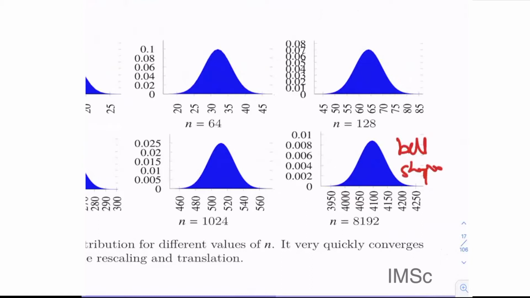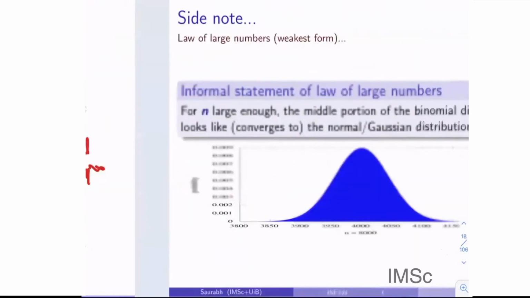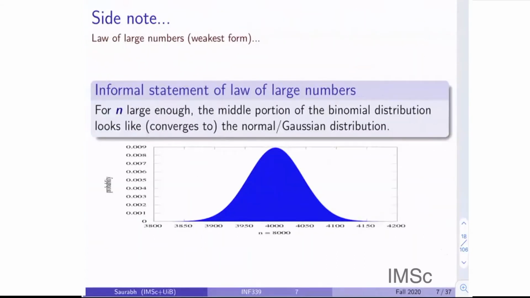And now what does the law of large numbers say? If you have a binomial distribution, then for large n, everything converges to a Gaussian distribution, or for our purposes, this bell-like curve, or in other words, most of the mass is closer to its mean.